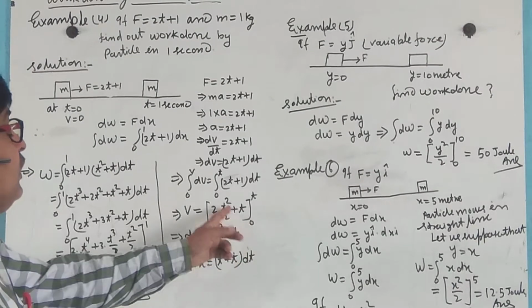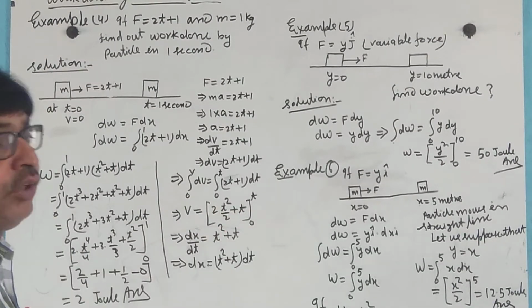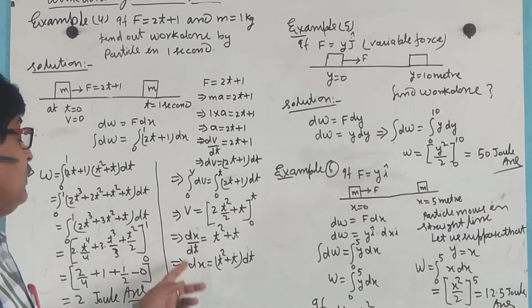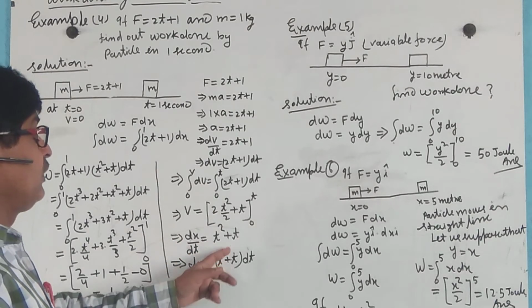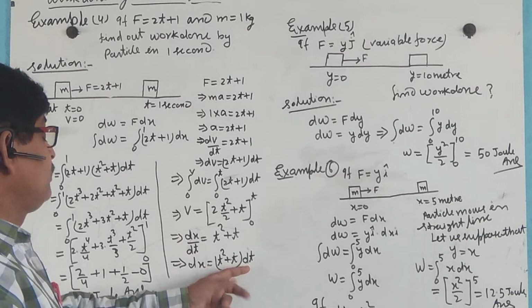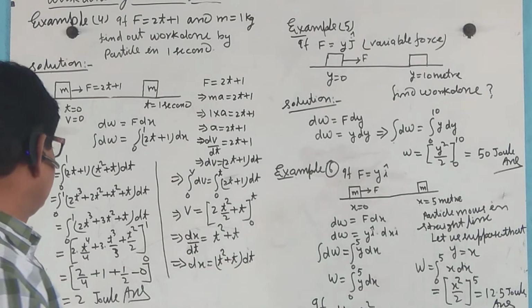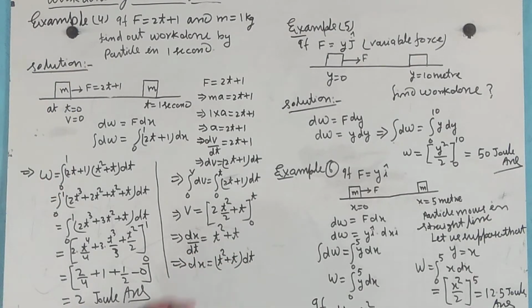Putting t equal to 0, the next term will be 0. Now dx equals (t square plus t) dt.